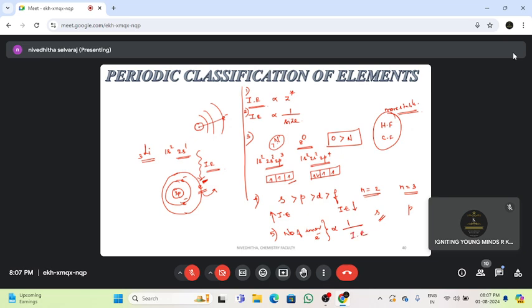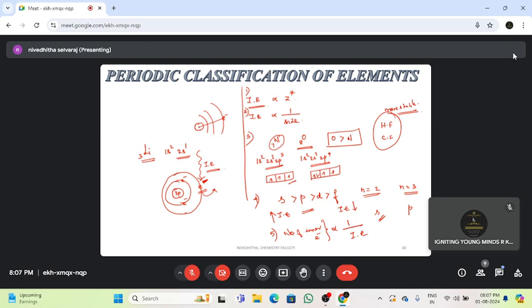So these are all the other factors which influence the ionization energy, right? Whenever you are checking for ionization energy, not only should you see effective nuclear charge and size, definitely you have to check the electronic configuration, penetration effect and all that. Is that clear? And also you have to have a good knowledge of successive ionization energies.